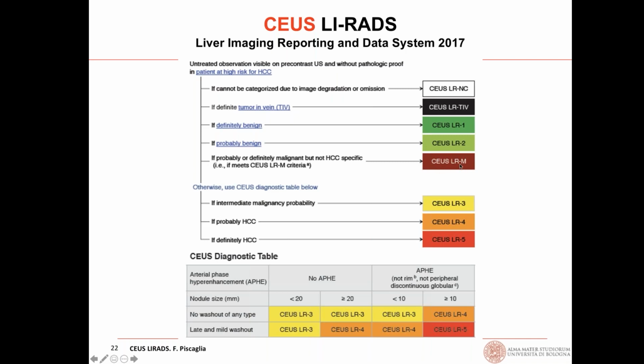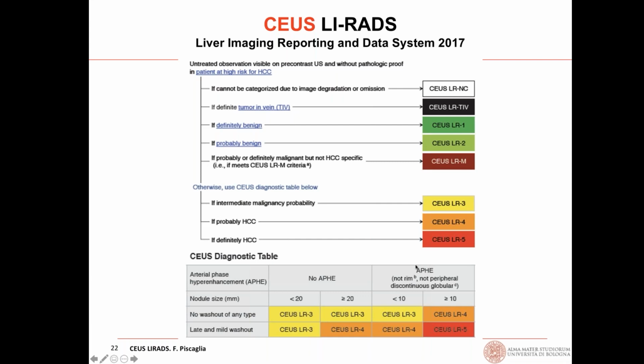If they are probably hepatocellular, but not surely benign and not surely other malignancy, then they are classified as intermediate risk of hepatocellular carcinoma, probably hepatocellular carcinoma, or definitively hepatocellular carcinoma, with the classes LR3, LR4, and LR5. And here you can see in the table the criteria to make the different diagnoses.